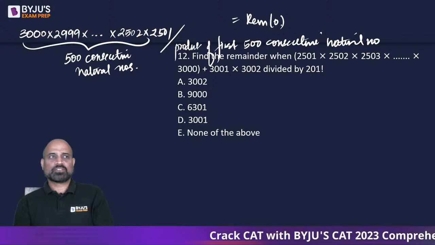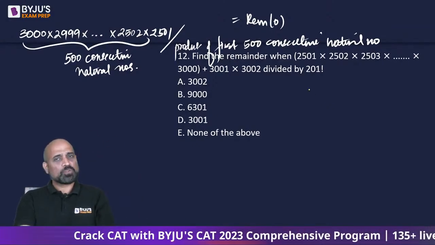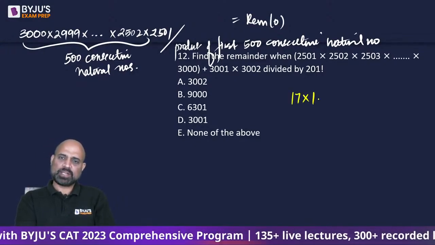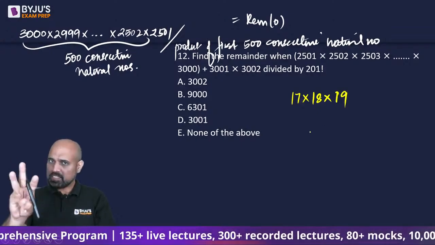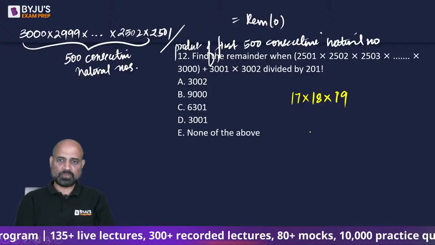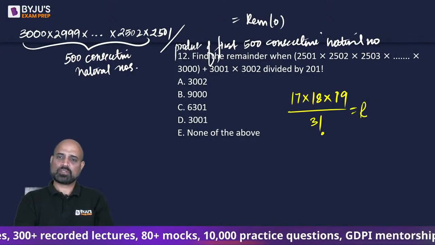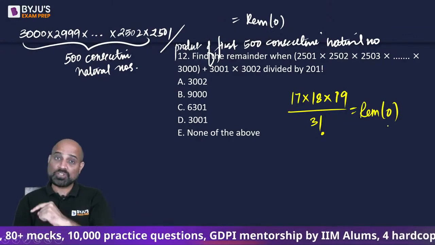Let's take 3 consecutive natural numbers, like 17 into 18 into 19. ये 3 factorial से divisible होगा, as in it's going to be divisible by the product of the first 3 natural numbers.